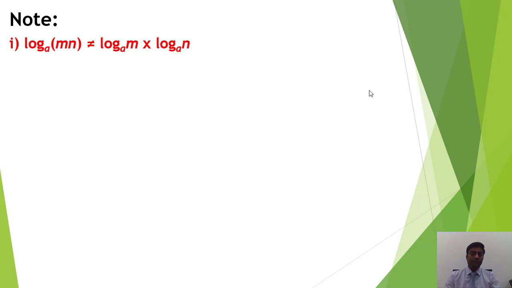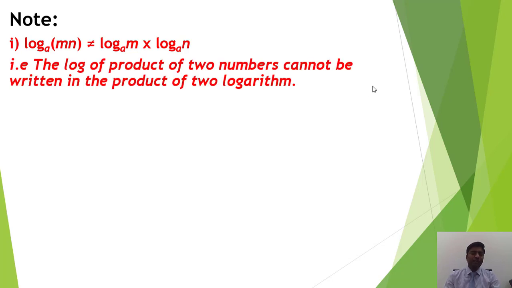That is, the log of product of two numbers cannot be written in the product of two logarithms.